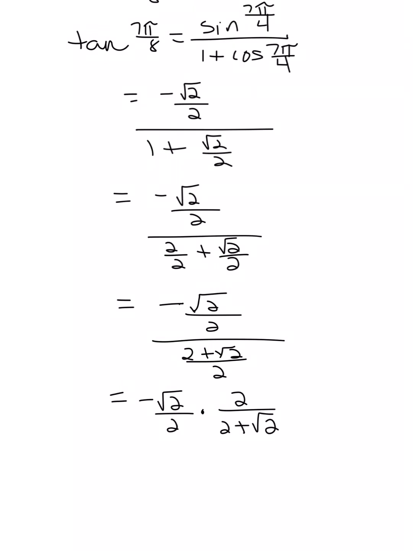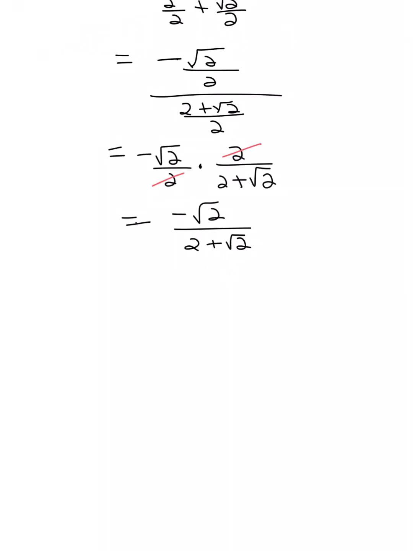Well, now, if you look at this, we have a 2 in the numerator and a 2 in the denominator. 2 over 2 equals 1. If you multiply what's left, you'll have negative square root of 2 over 2 plus the square root of 2. That is the answer. You do not need to do anything else to this.